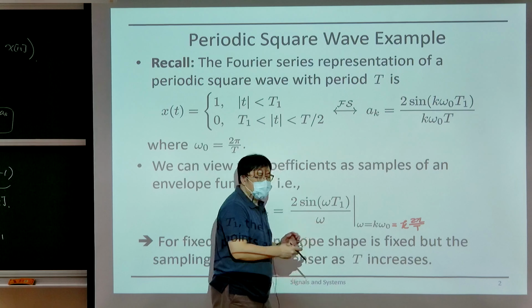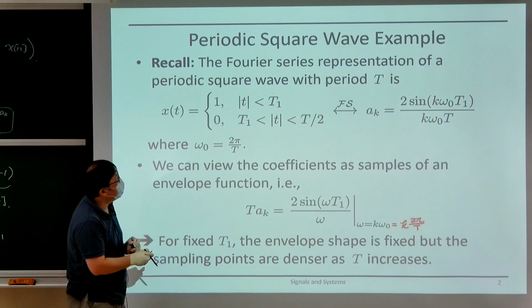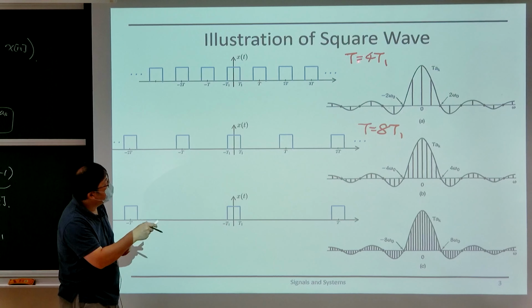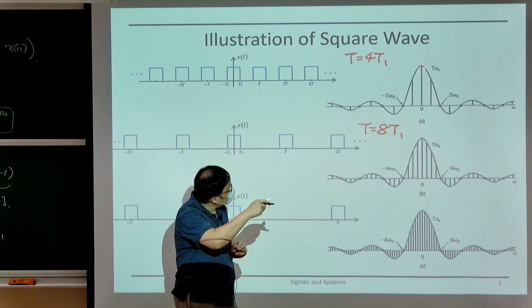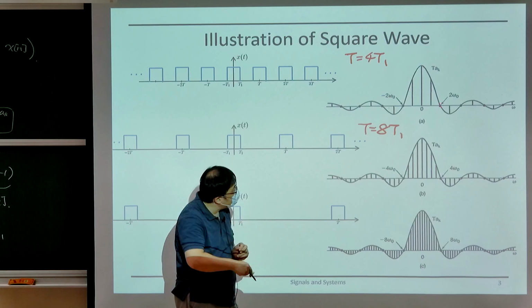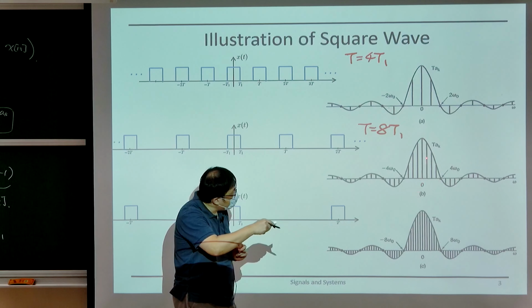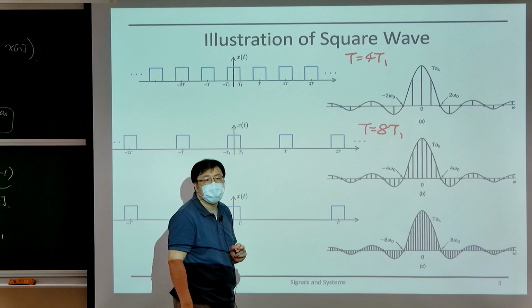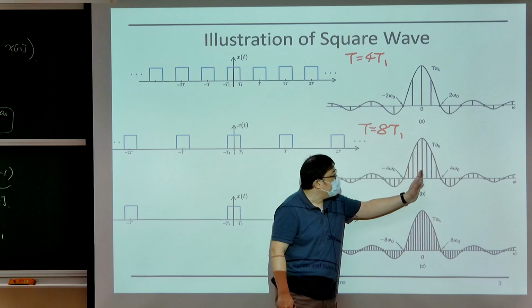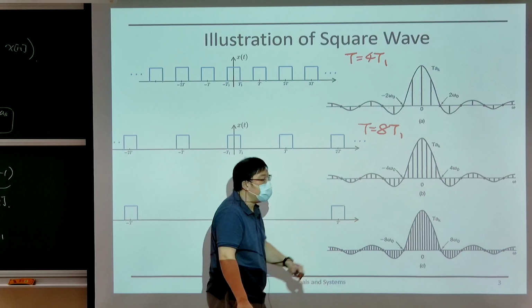Instead of just sampling at this point and this point, now we have an additional sample in between every 2 points, okay? So we're sampling at twice the frequency.